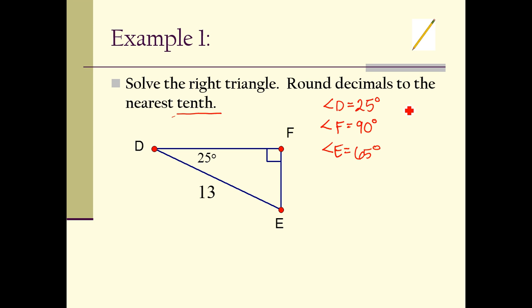So we know that side DE is 13, and that is the hypotenuse because it's across from the 90-degree angle. I know both angle D and E, so it doesn't really matter where we stand, but since the 25 is already here, I'm going to put myself at D. And if I'm standing at D, this side is opposite and this side is adjacent.